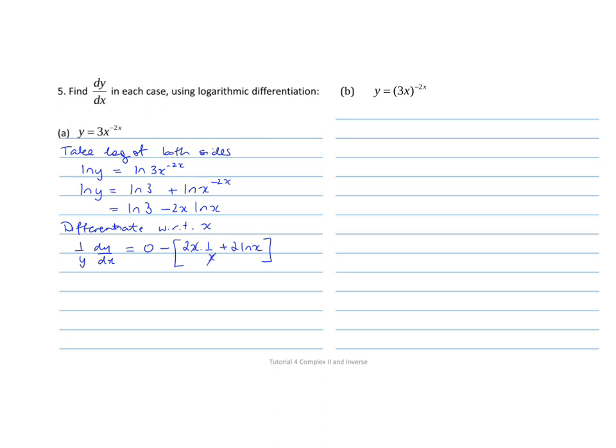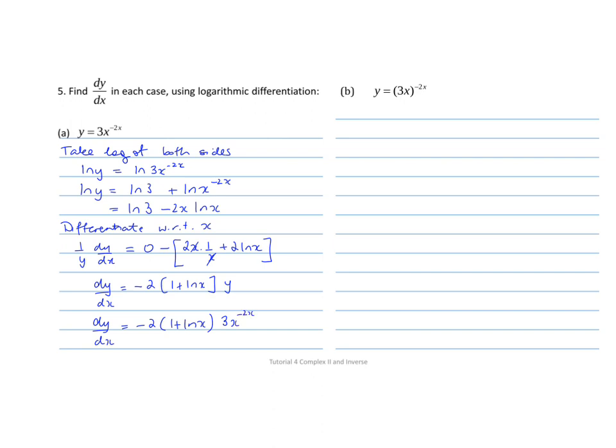And we have, bring the y over to the other side. So multiply by y both sides. Now we can take the minus 2 outside of 1 plus log x, times y. And then we need to put the y back in. So our derivative is minus 2, 1 plus log x, and our y is 3 x to the minus 2x.